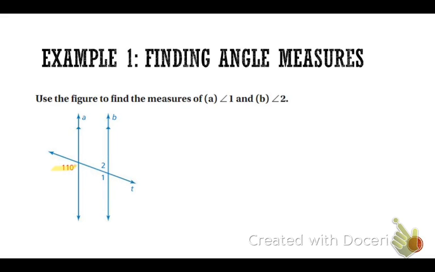If you notice that 110 is in the bottom left section of the intersecting points, angle 1 is in the exact same location on the other intersecting point. So because of that, I know that corresponding angles are the same measurement. You with me? No? No. Okay. All right, we'll review it some more.